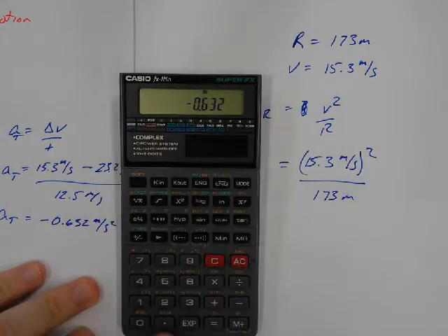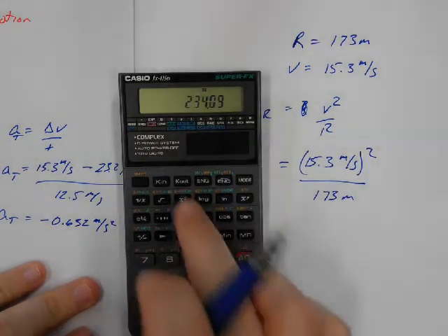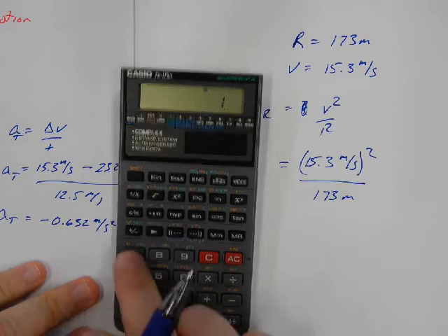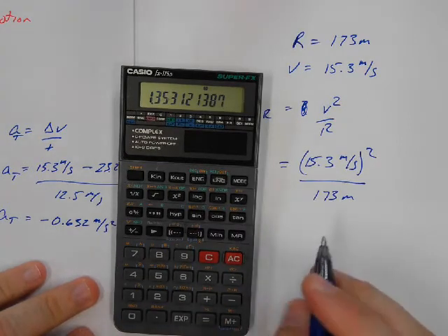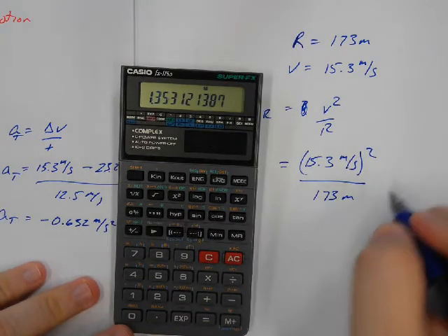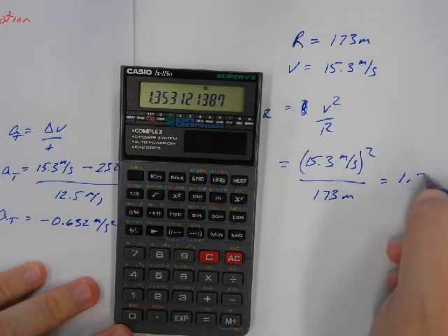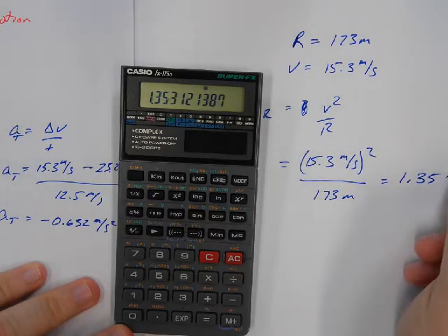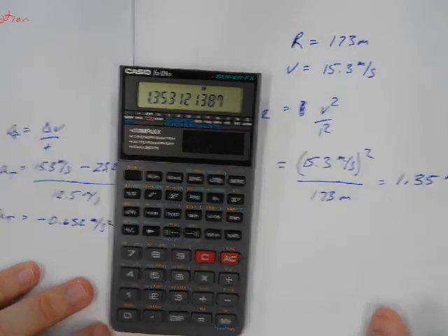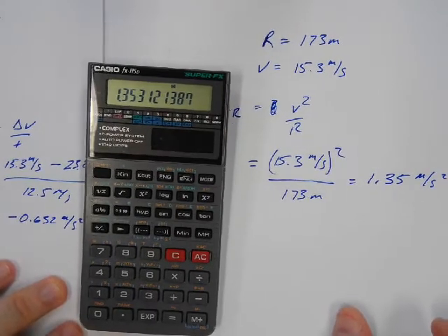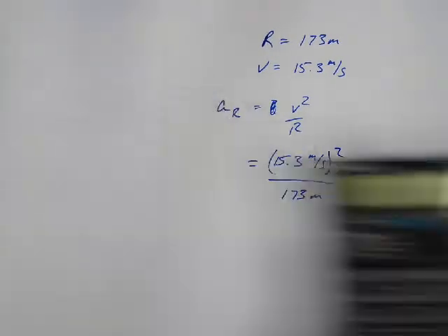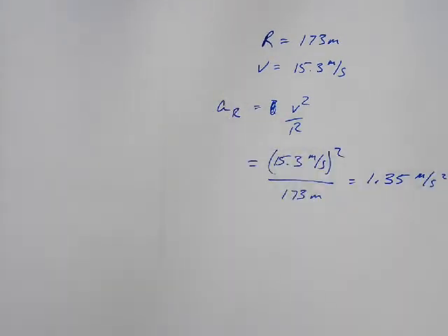Okay. And so 15.3 squared divided by 173, and we get 1.35 meters per second squared. Okay. Yeah, there we go. Running out of screen on the display.